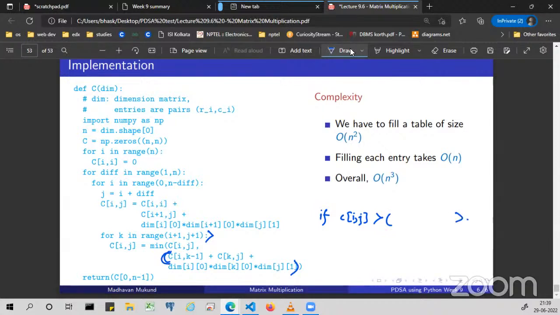If that is the case, that means up till now I have got a C i comma j value which was greater, and now for the current k, which is running here as a loop, I got a smaller value. This current placing of k between i to j is giving me a better value than which was stored in C i j previously.